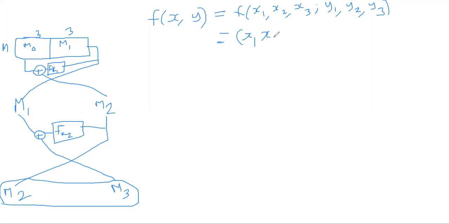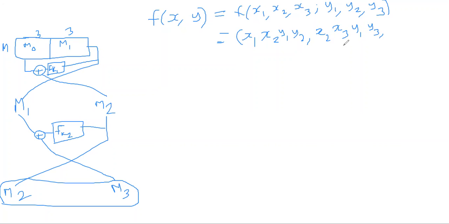These are individual bits, x1, x2 are bits, either 0 or 1. x1, x2, y1, y2. So I'm mixing my key and the message, so to speak. And the second component is, say, x2, y3, or x3, it doesn't matter. Some nonlinear relation I'm plugging in.